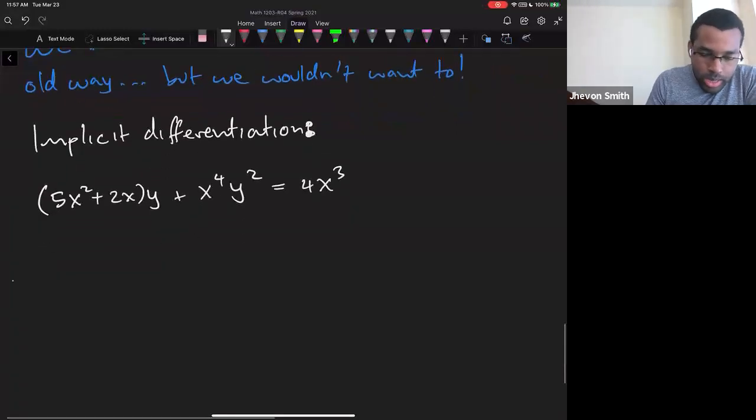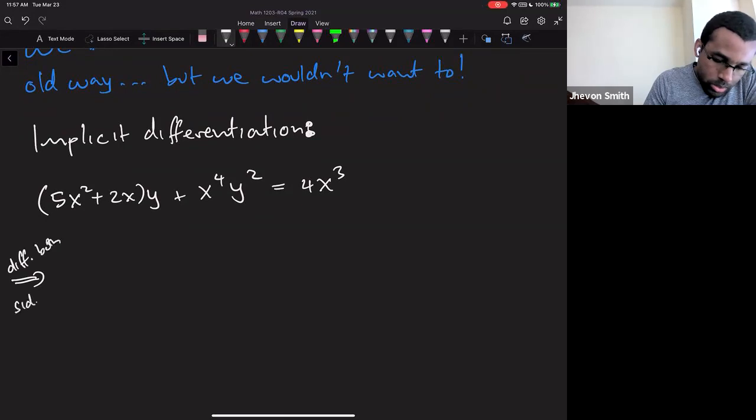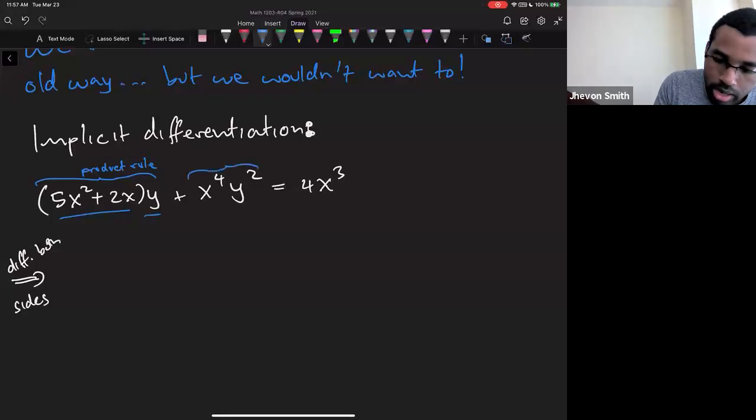What I would do is differentiate both sides. And what this would look like is, well, here I would need the product rule, because I have two functions. Here I would need the product rule, because I have two functions.